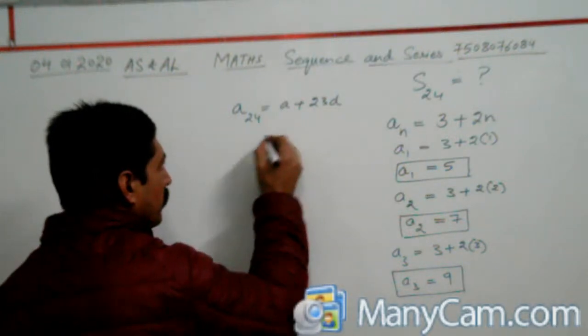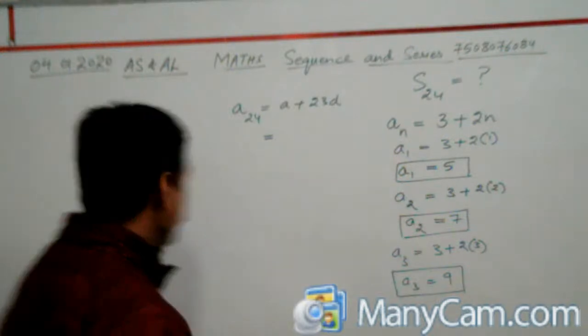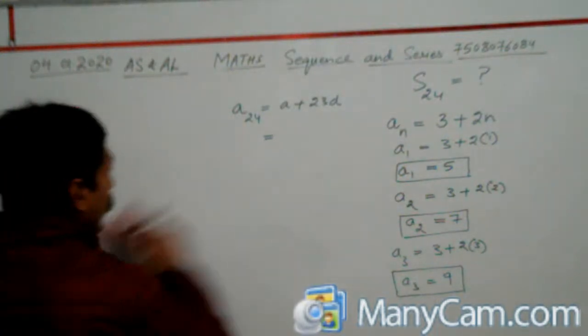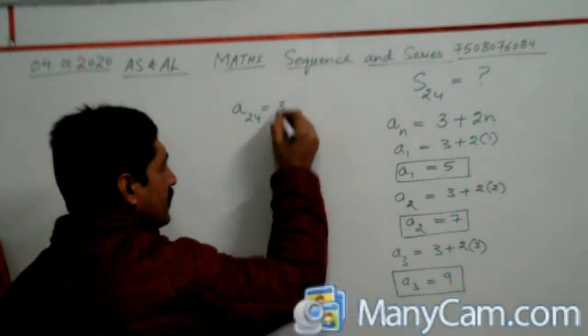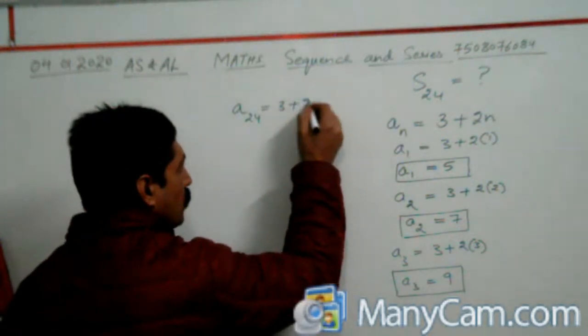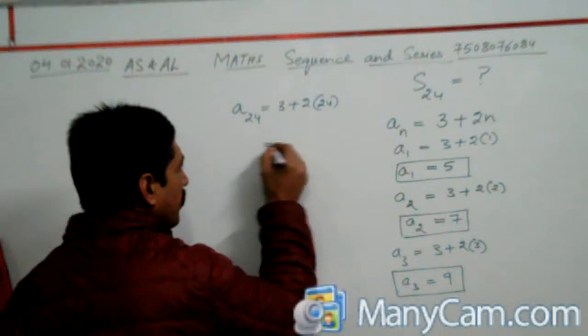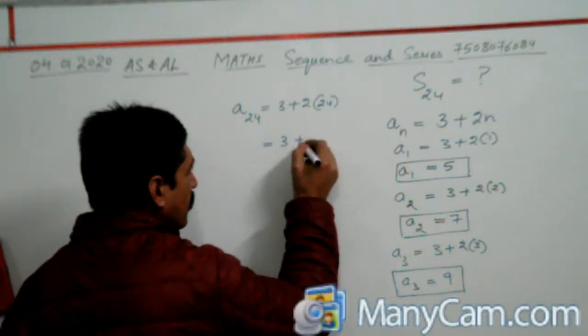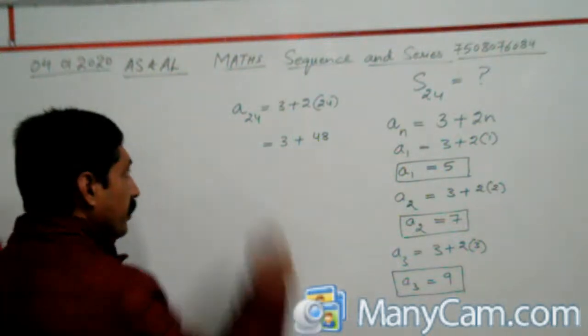But here, for the 24th term, there is no need to write the formula because the general term is given: 3 plus 2 into 24, so the number is 3 plus 48.